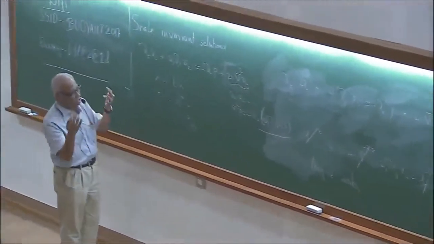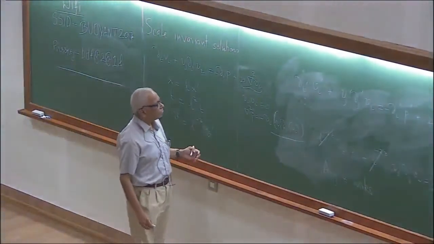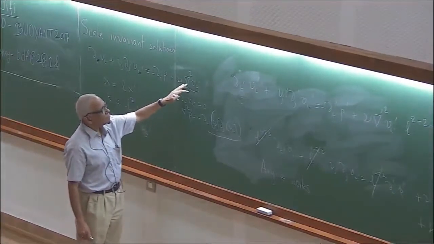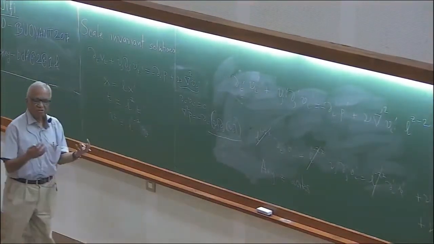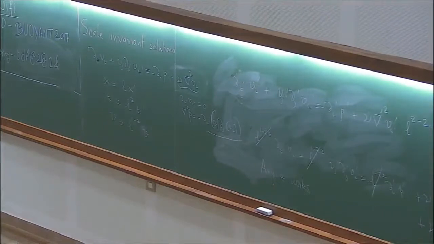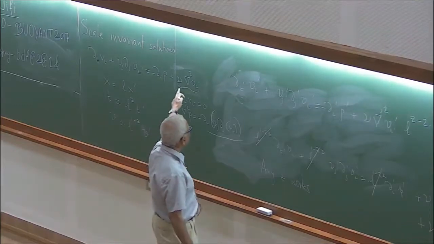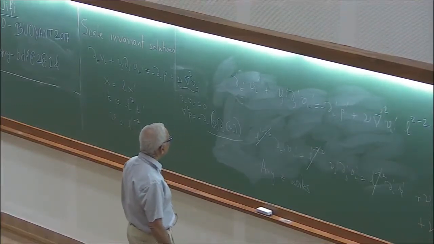Suppose I have a deviation from the steady state: nu times del squared is actually the time scale in the problem, a relaxation time scale.